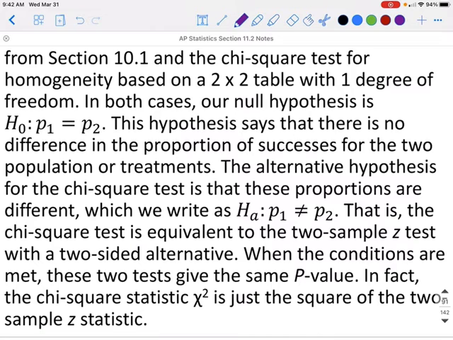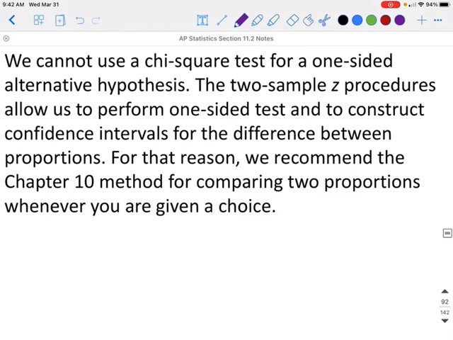That is, the chi-square test is equivalent to the two sample z-test with a two-sided alternative. When the conditions are met, these two tests give the same p-value. In fact, the chi-square statistic is just the square of the two sample z statistic. We cannot use a chi-square test for a one-sided alternative hypothesis.